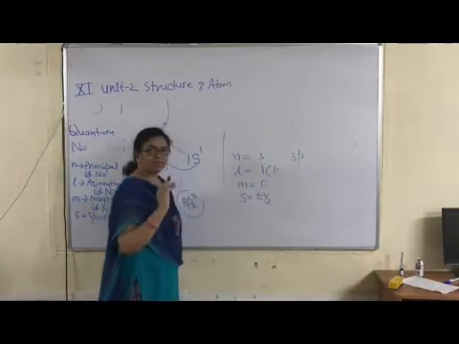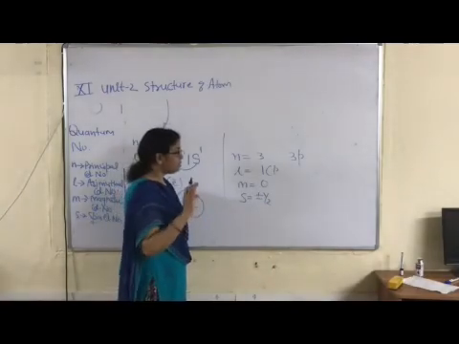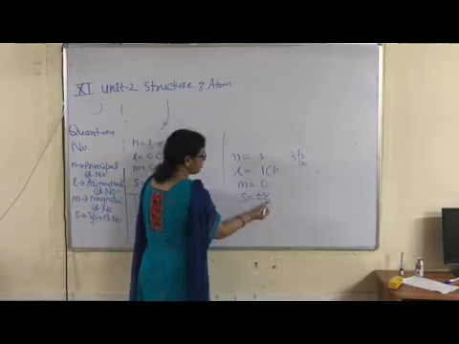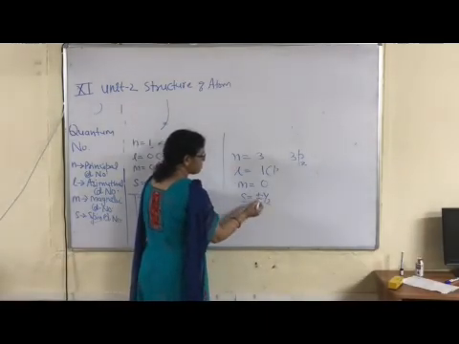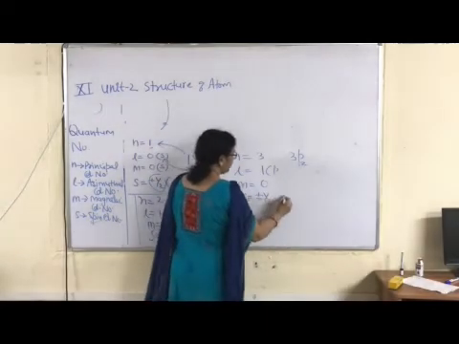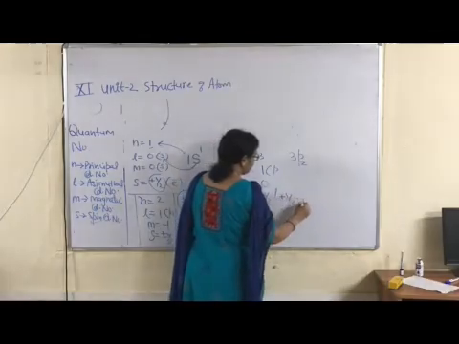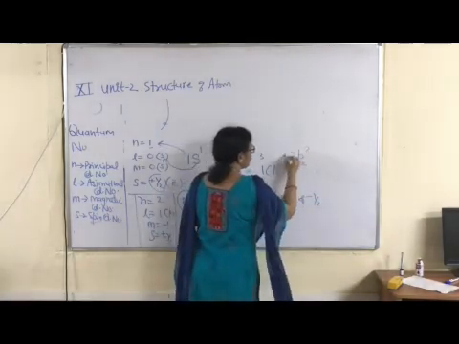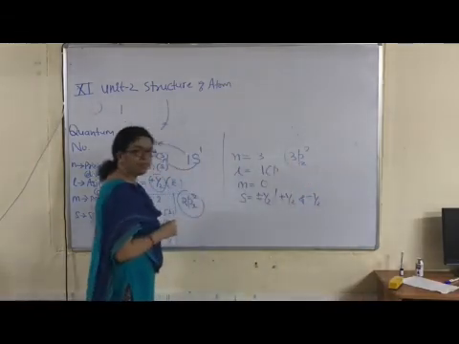And m is equal to 0 is always pz orbital. How many electrons are present? Plus minus half means 2 electrons, or you can write plus half and minus half, like this. Maximum number of electrons in pz orbital.